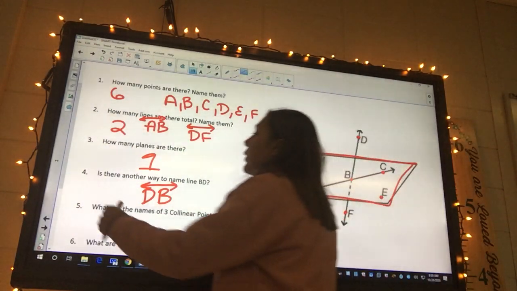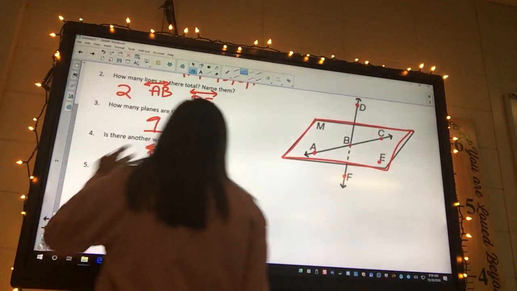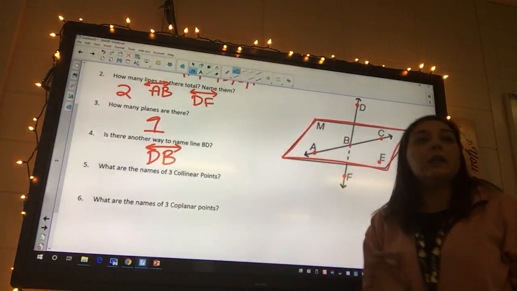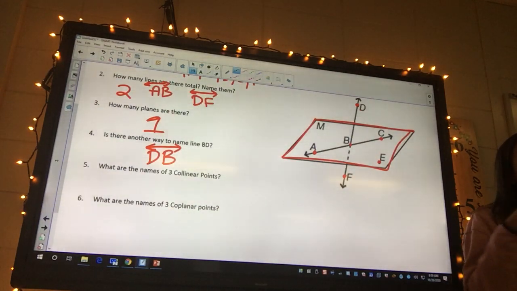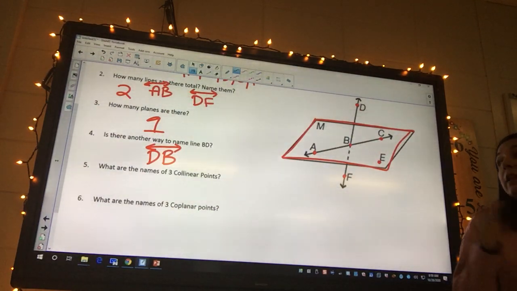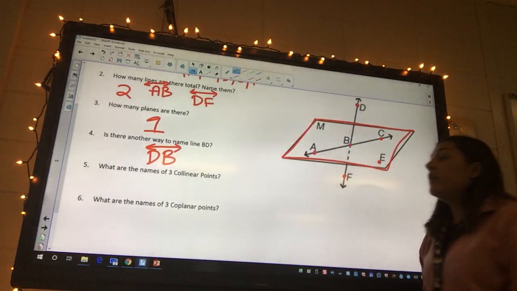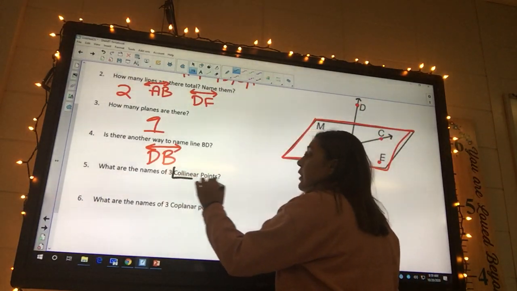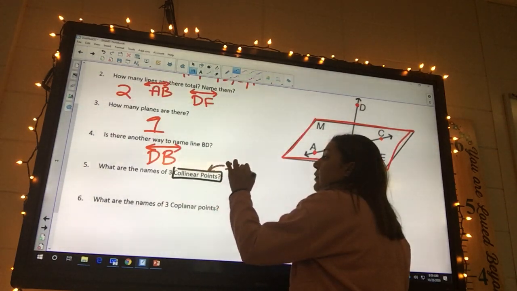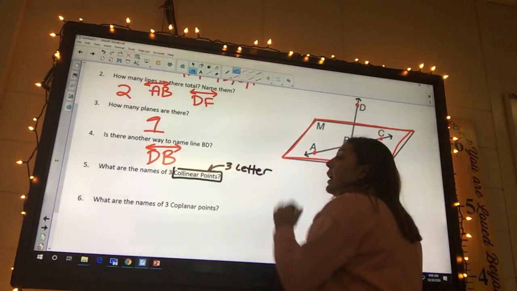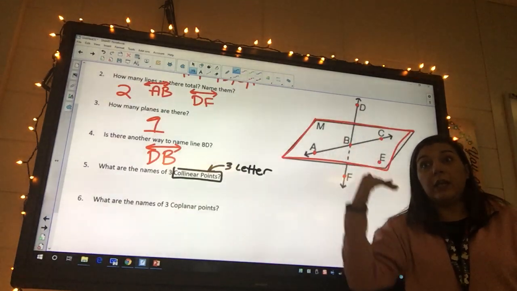What are the names of 3 collinear points? What's collinear mean? Share the same line. Yeah, so collinear means they lie on the same line, and this is where people got mixed up. Collinear means it should be 3 letters. And then we need 3 3-letter things.